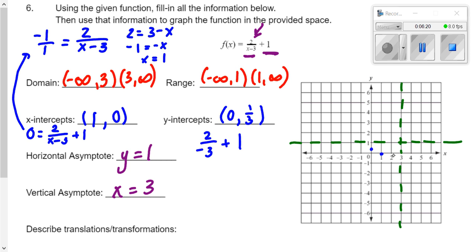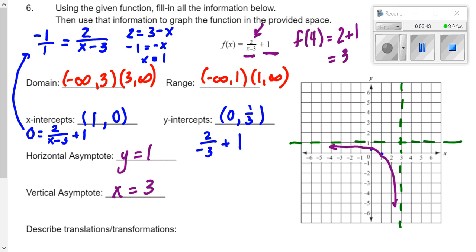But if I wanted to graph now, finish my picture, I think those 2 points are enough of a hint for me to be able to draw decently well. I think I might want another point over here because I don't really know what's happening there. So maybe put in 4. Anytime you're not comfortable drawing, you can always put in points.